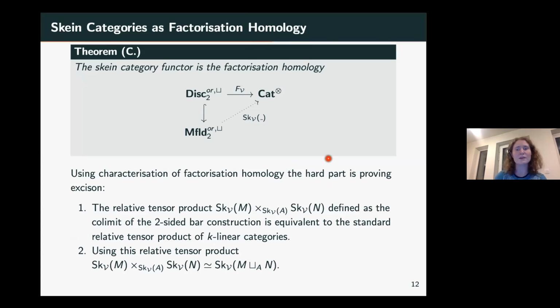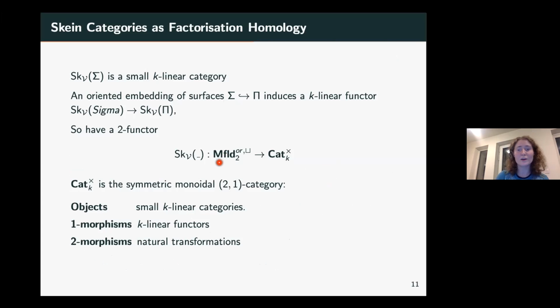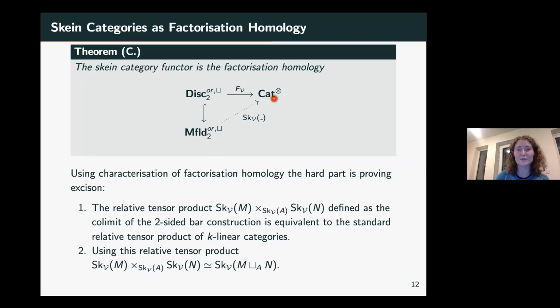And the important thing, which I proved during my thesis, is that the Skein category is the factorization homology of a framed E2 algebra.